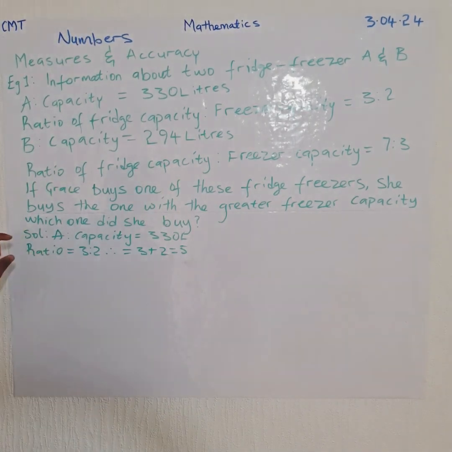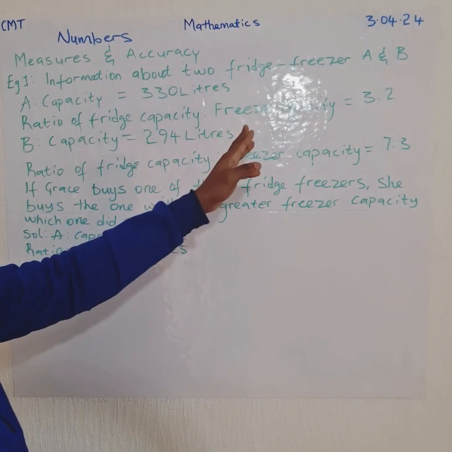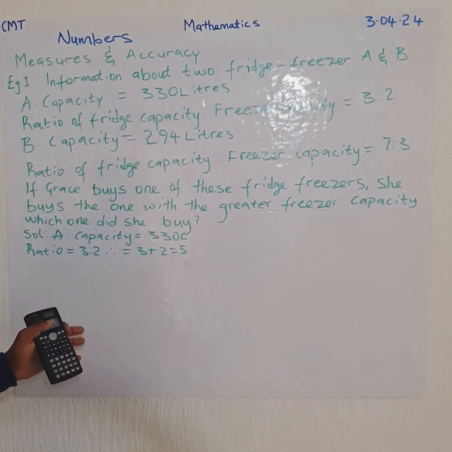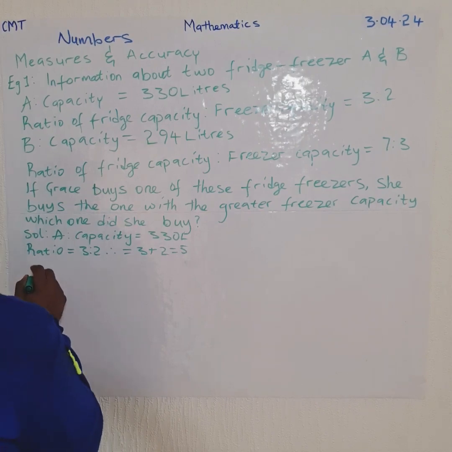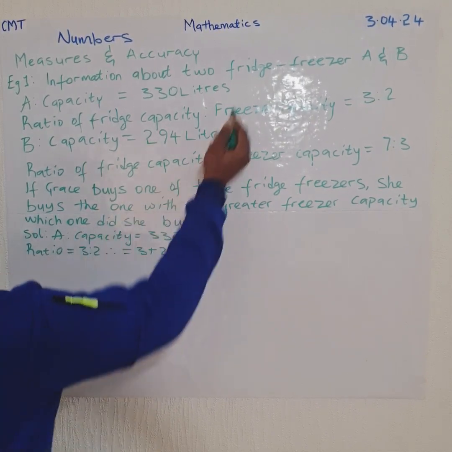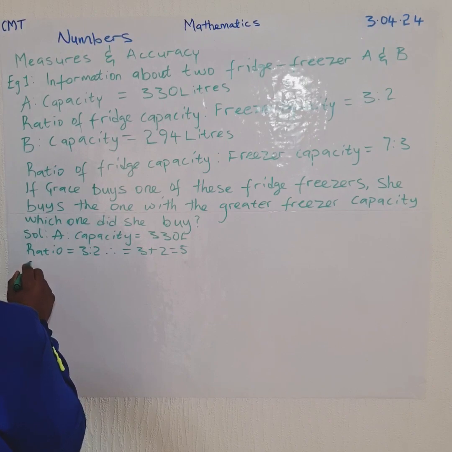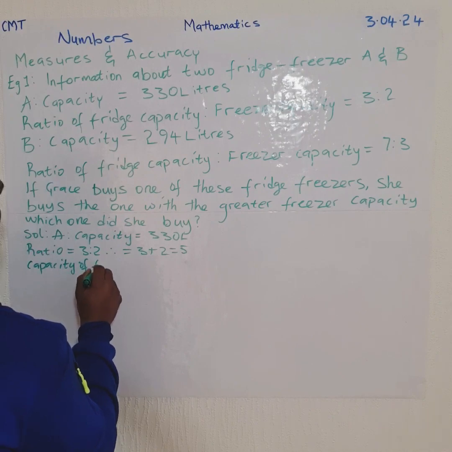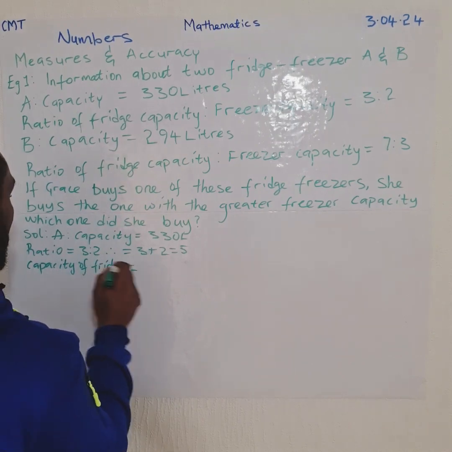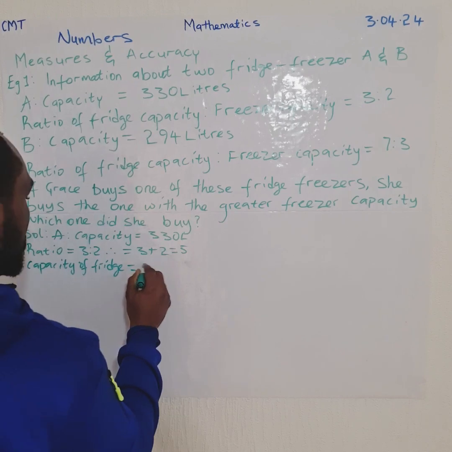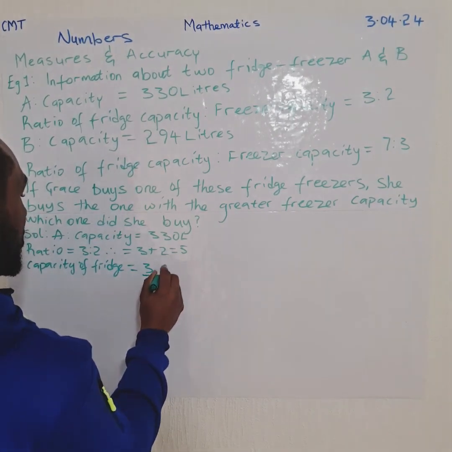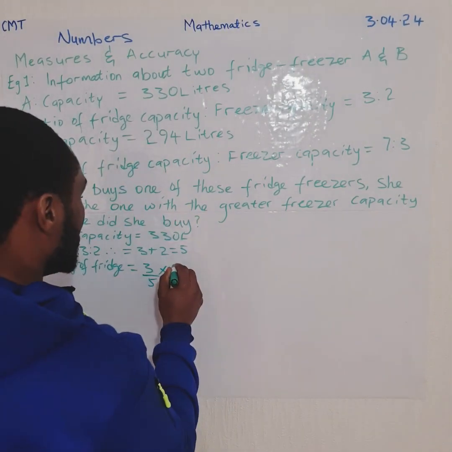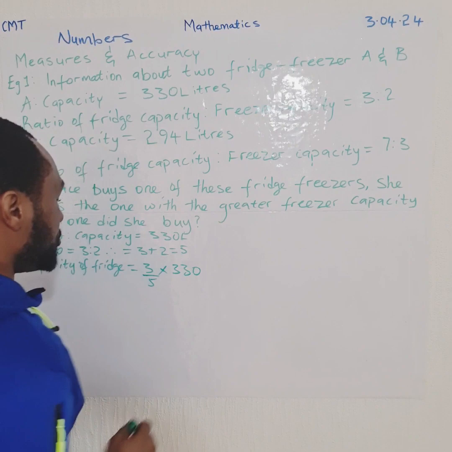So if we got the sum of ratio of fridge is to freezer, we can easily find the capacity of the fridge or the freezer for A. So capacity of fridge will be the ratio of fridge is 3, the sum of ratio is 5, and the capacity of A is 330.